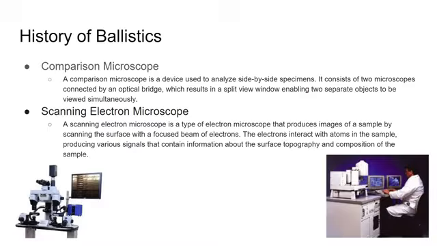The scanning electron microscope is the type of electron microscope that produces images of a sample by scanning the surface with a focused beam of electrons. The electrons interact with atoms in the sample, producing various signals that contain information about the surface topography and composition of the sample.